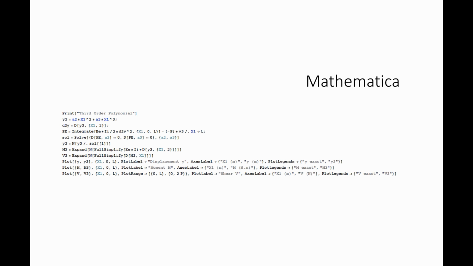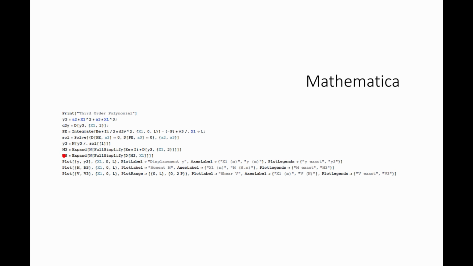To find A2 and A3, we minimize the potential energy, so we take the derivative of the potential energy with respect to A2, and then with respect to A3, equate both to 0, and find A2 and A3. The equations are between two curly brackets, and the unknowns are between two curly brackets. After we find the solution, we store it in the variable sol, and then update y3 according to that solution.